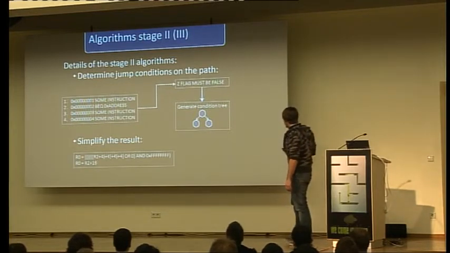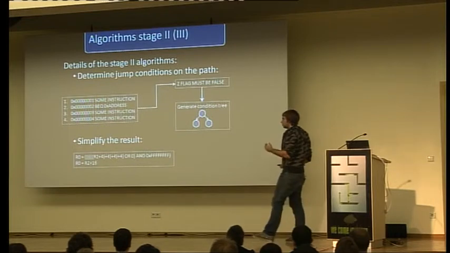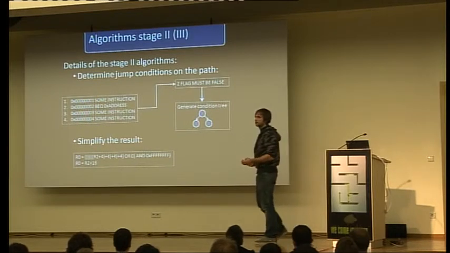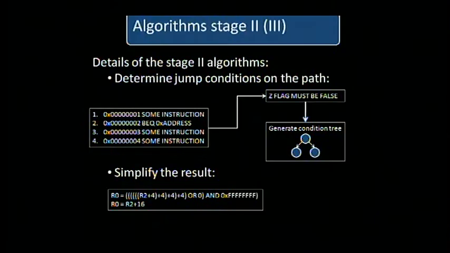So after we have now merged all the native instructions along a path and put them together so that we have the semantic information extracted for all the instructions that are executed along a single path, we need some kind of way to define what we are actually looking for.